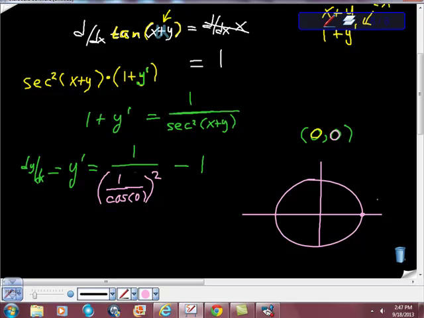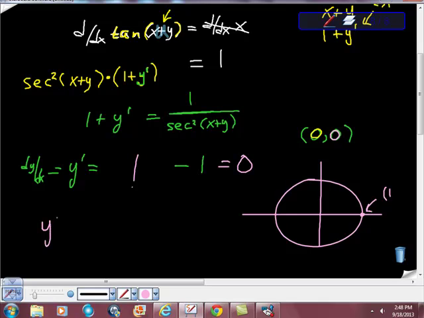Well, 0 is here, and cosine of 0 happens to be 1, doesn't it? Therefore, I'm going to replace cosine of 0 with 1. 1 squared is still 1. 1 over 1 is 1. 1 minus 1 is 0.